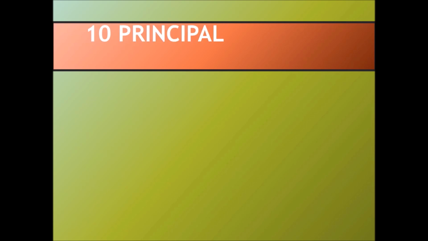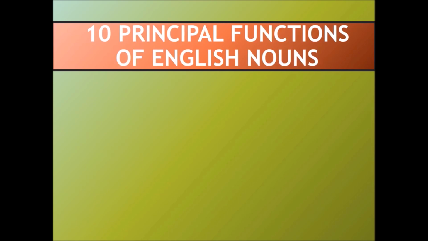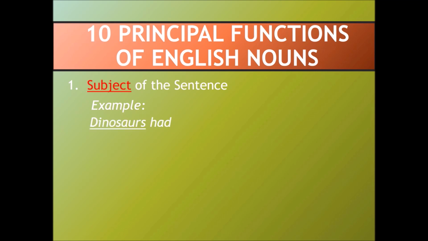There are 10 principal functions of English nouns. Let's start with the first one, subject of the sentence. So, noun is used as a subject of the sentence. Example, dinosaurs had existed before.